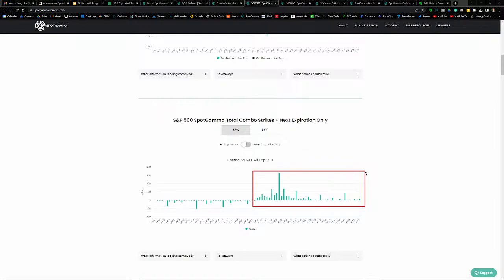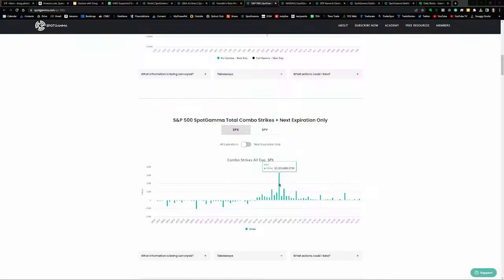This is in contrast to the past weeks, where in the combo levels the put gamma has dominated, and now the call gamma appears to be dominating, especially at this 4064 strike.